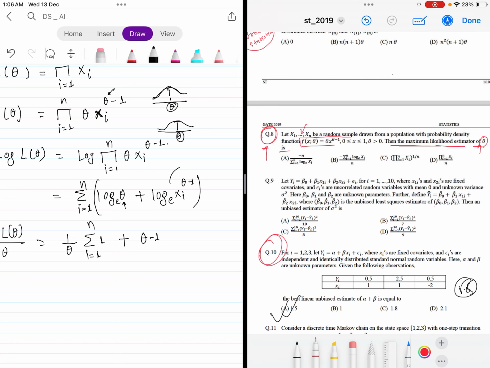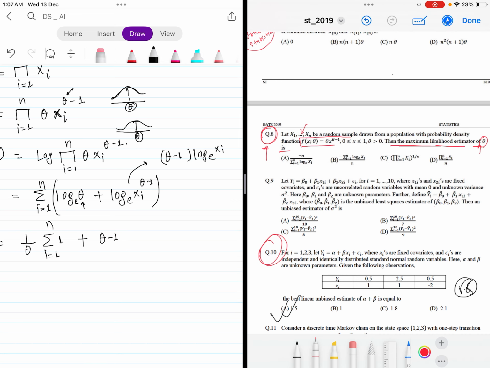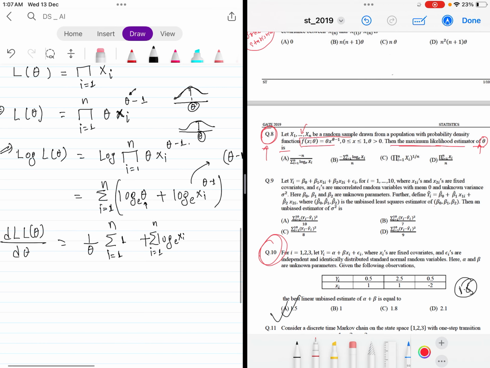Differentiating with respect to theta gives log x_i, and the next term will be 0 because it is treated as a constant, with the summation from 1 to n.